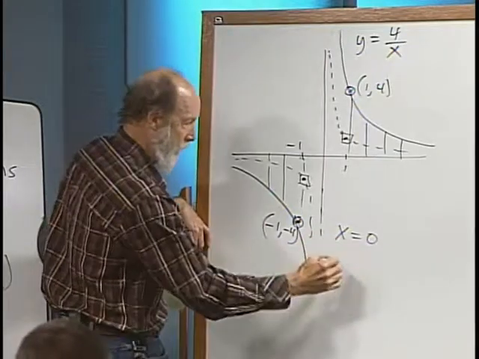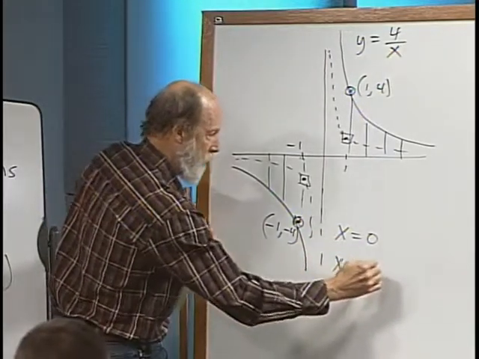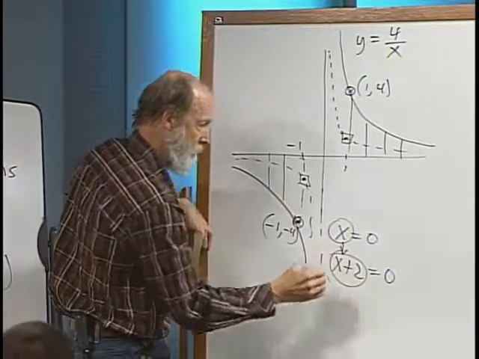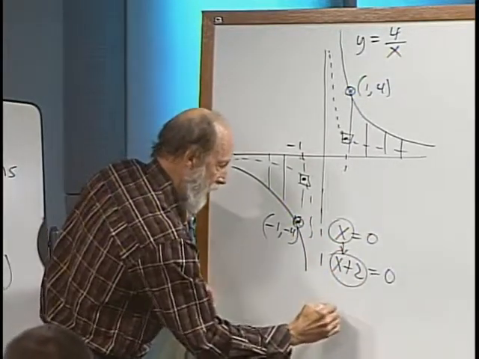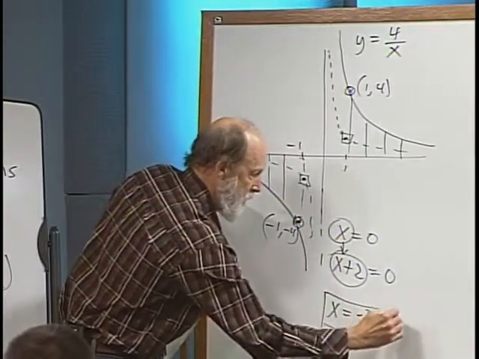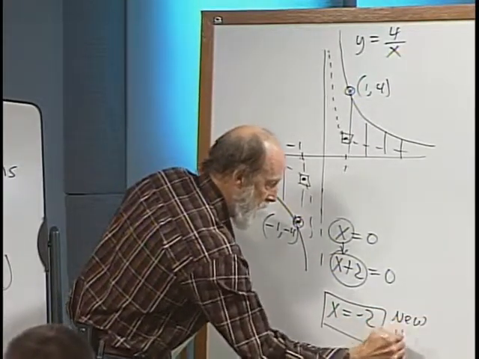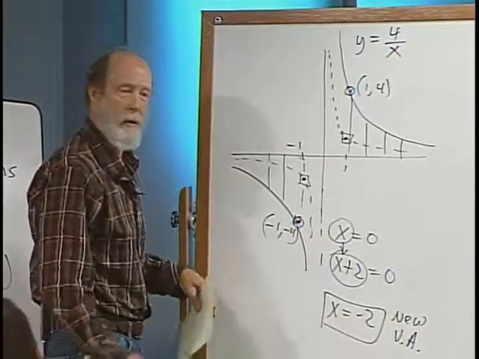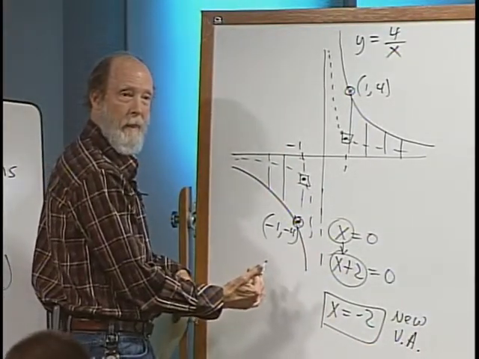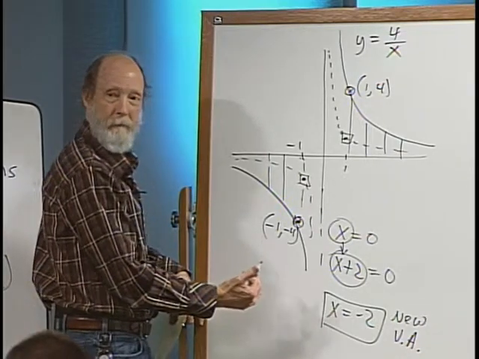If you replace that x with x plus 2, then you can see that x equals minus 2 becomes your new vertical asymptote, over 2 to the left. All right?